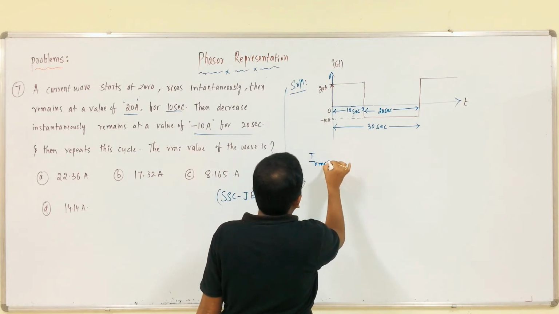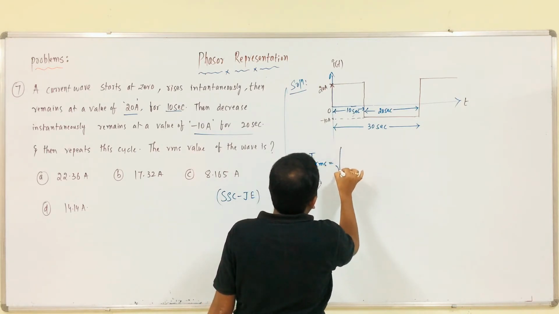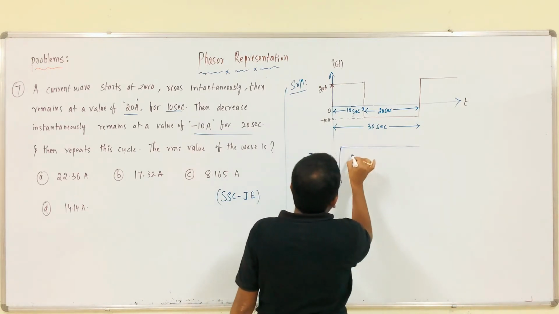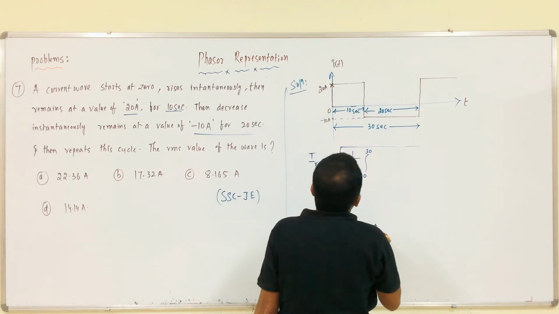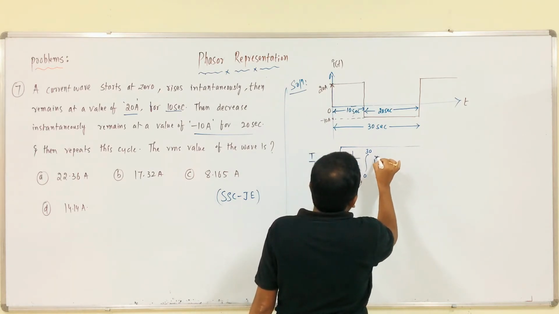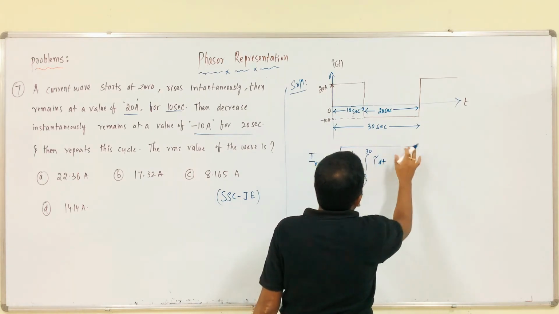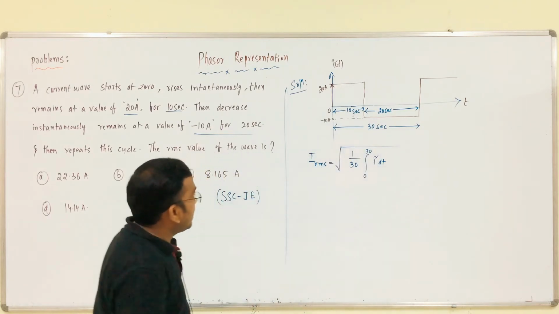So, IRMS is nothing but 1 by 30 seconds total time period, integrate 0 to 30 I square dt, right? This is the formula for IRMS.